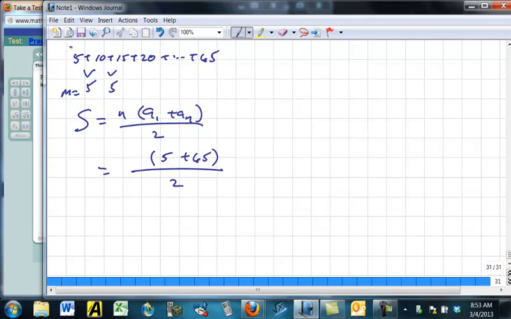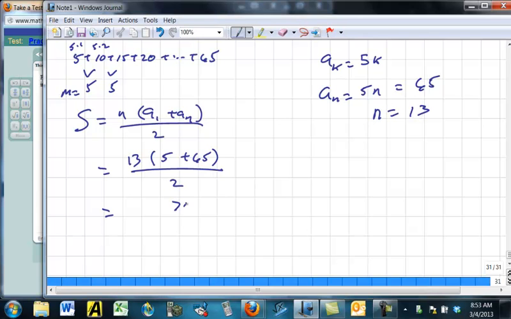So this is 5 times 1, 5 times 2. So a sub k is just 5 times k. So a sub n is just 5 times n, and that's going to be 65. So you can see the n there is 13, I believe. Yeah, 13. So there's 13 terms here.